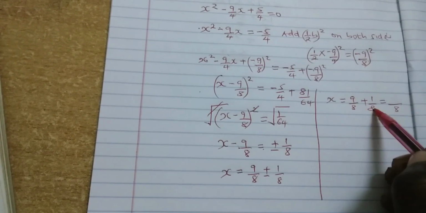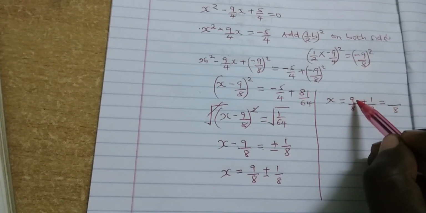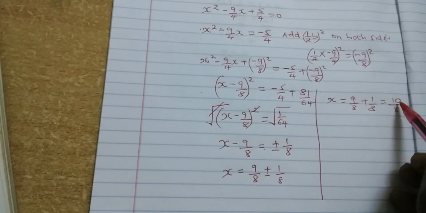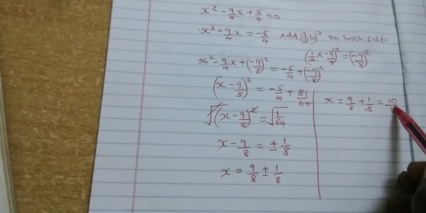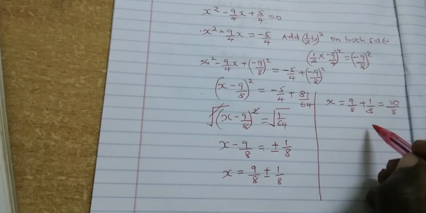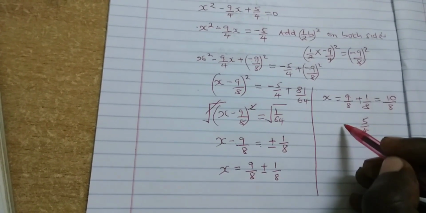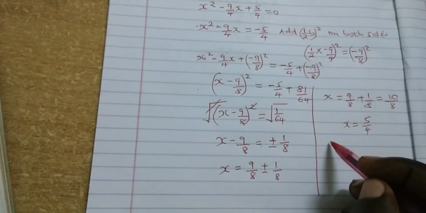So once the LCM is the same, we can add the numerators together such that we have 9 plus 1 is 10. If you take the common factor between 10 and 8, and of course that is 2, 10 by 2 will give us 5, and 8 by 2 will give us 4, and that is the first value of x.